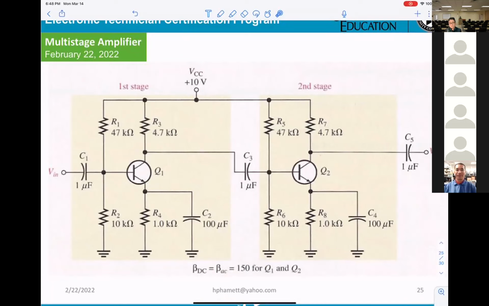Common emitter. Exactly. How about Q2? Same, common emitter. Correct. Okay, now the output of Q1 connects to the input of Q2. They use a capacitor here.